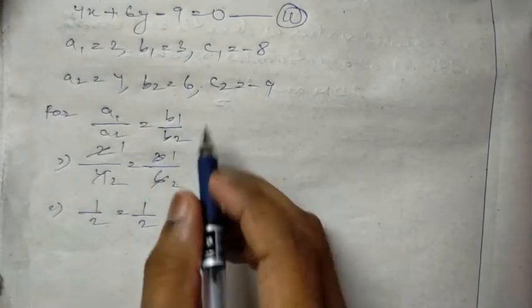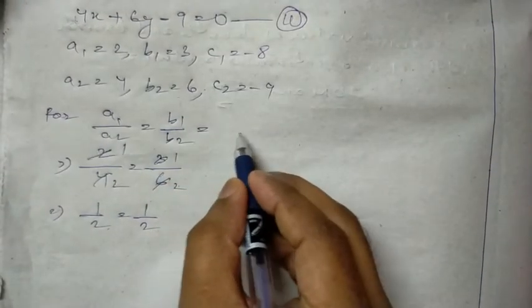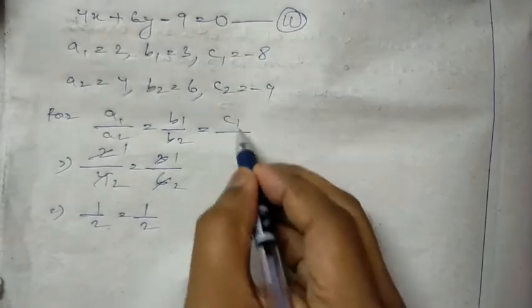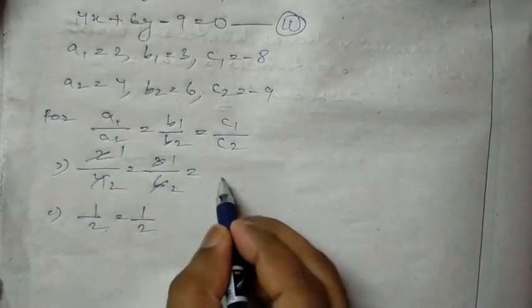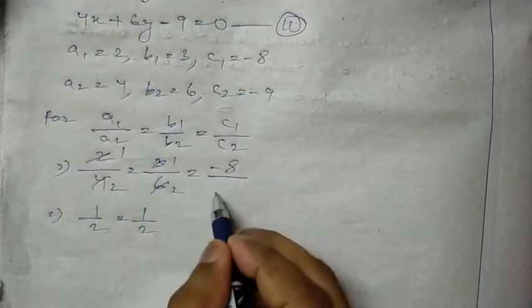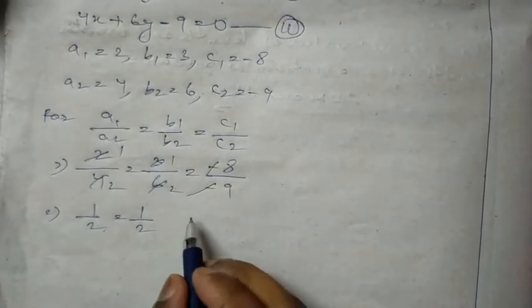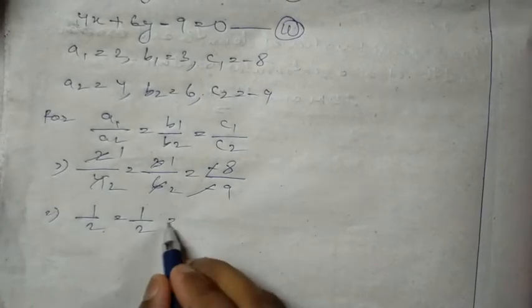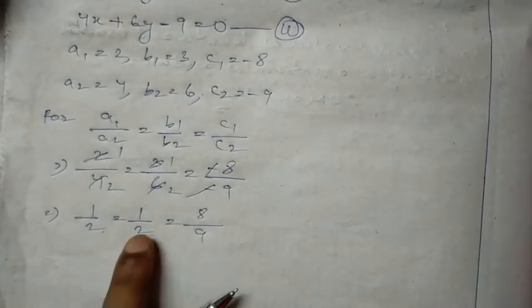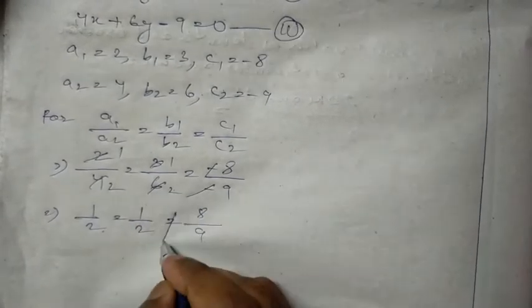Now we will see the third ratio, c1 by c2, which is -8 and -9. This will not cancel. If we compare the second ratio and the third ratio, they are not equal, so we have to cross here.